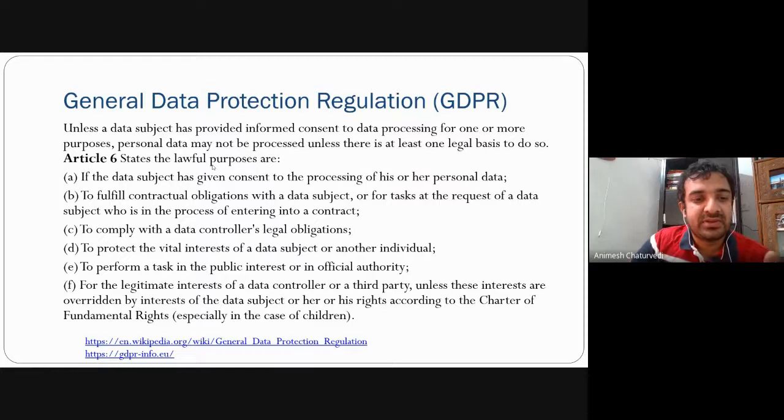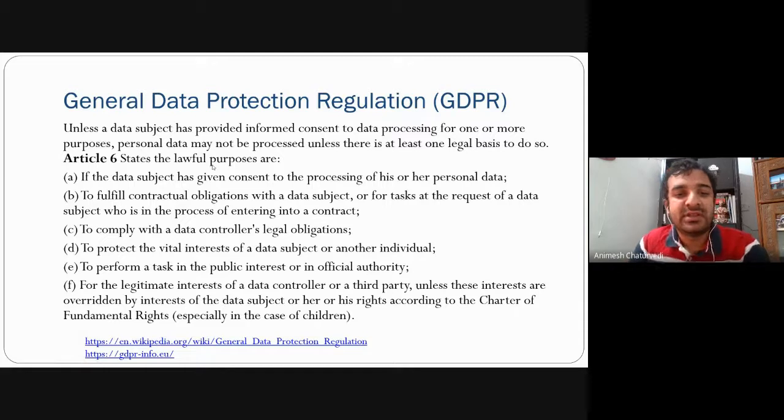Then point 6 says: for the legitimate interests of the data controller or a third party, unless these interests are overridden by the interests of the data subject or his or her rights under the charter of fundamental rights, especially in the case of children.